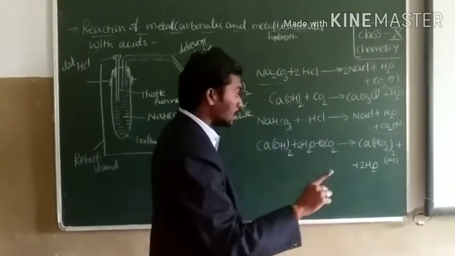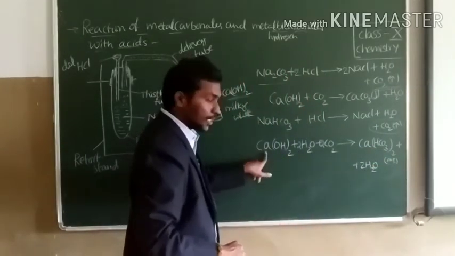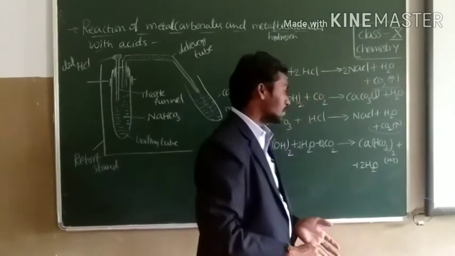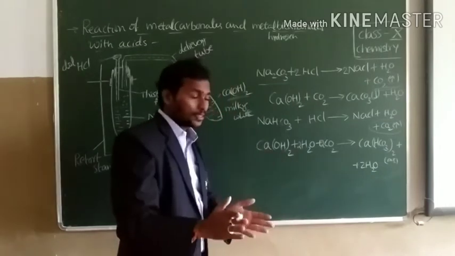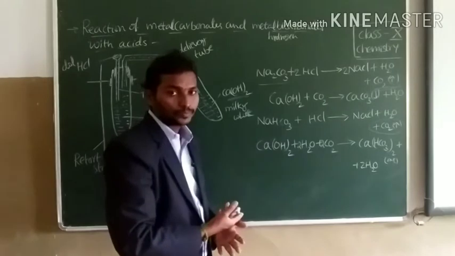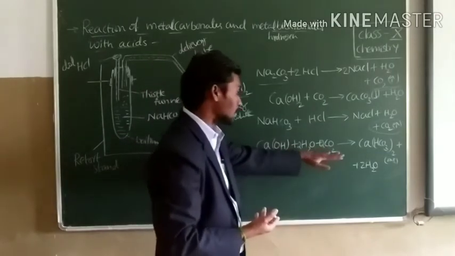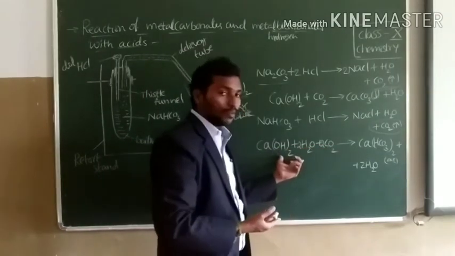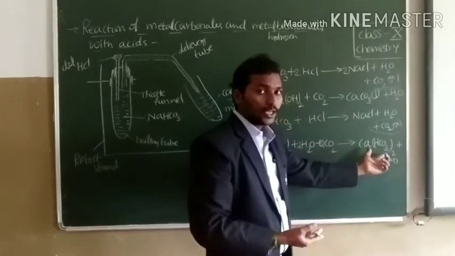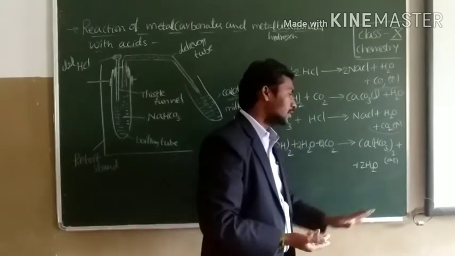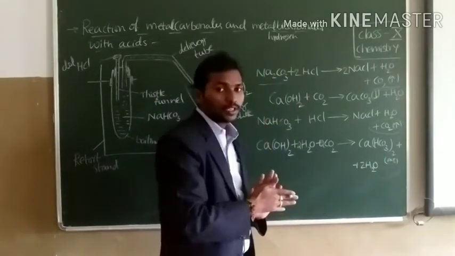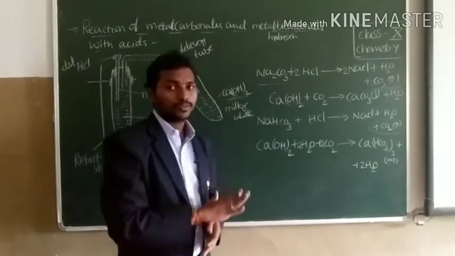So carbon atoms are also balanced. One calcium atom here, and on the RHS one calcium atom is present. So when an excess amount of carbon dioxide is passed through aqueous lime water, it forms calcium bicarbonate, Ca(HCO3)2. Here calcium bicarbonate is a solution and leaves water molecule. So this is the reaction of metal carbonates and metal bicarbonates with acid.